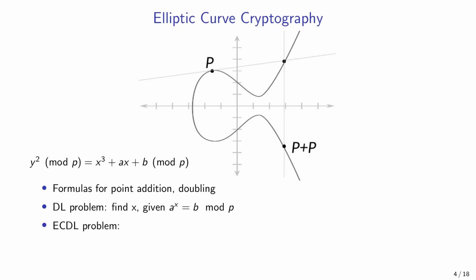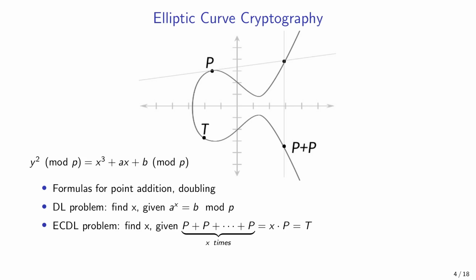The elliptic curve discrete logarithm problem is defined as follows. I give you some point T here, and you have to tell me how many times this point P was added to itself to get to this point T. And this is actually a very hard problem. Yes, we can brute force by adding P to itself until we reach T, but this is infeasible if the curve is big enough.